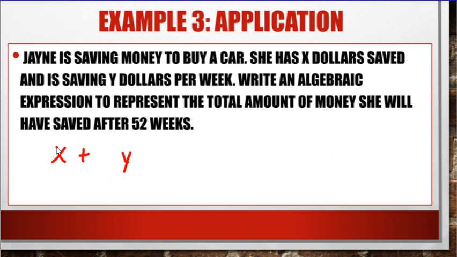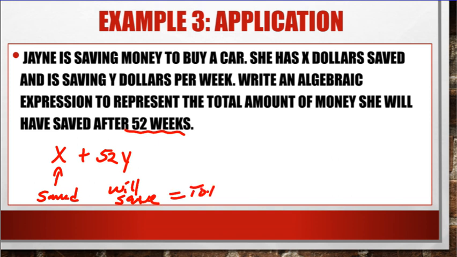It says after 52 weeks. So the amount she has saved plus what she will save gives you the total. So this would be our expression, x plus 52y.